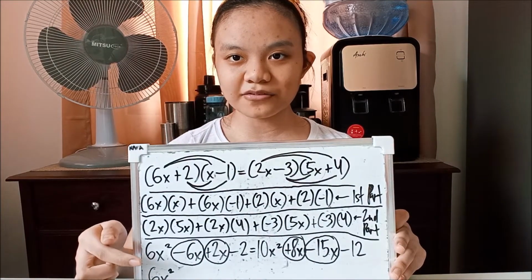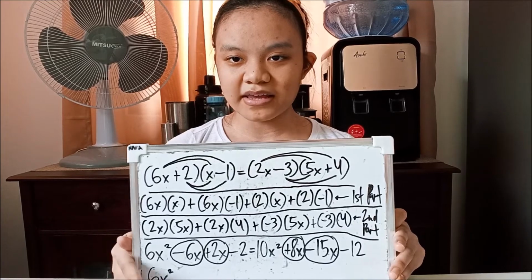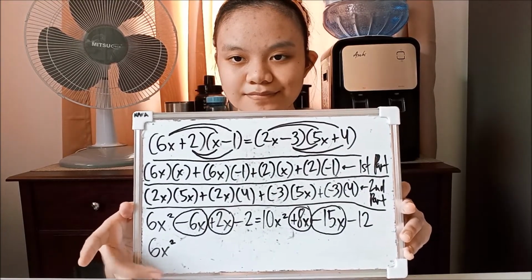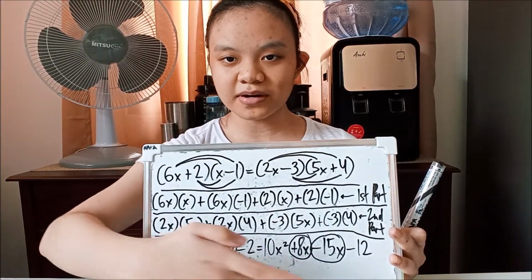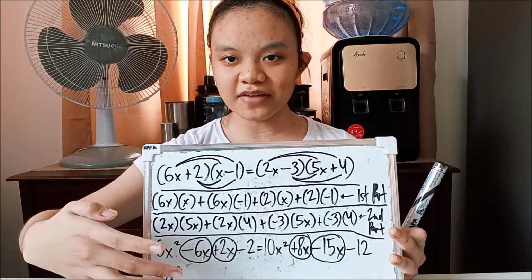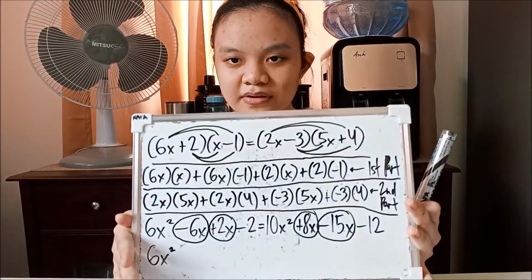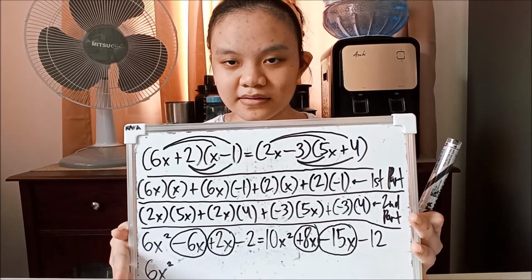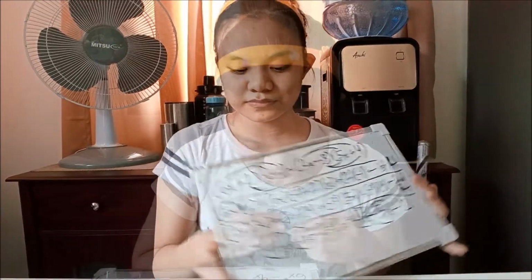Since 6x squared doesn't have a like term, I copied it here. As you can see, all terms with the variables of x have like terms. So negative 6x plus 2x is equal to negative 4x.